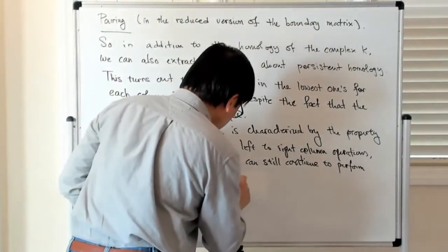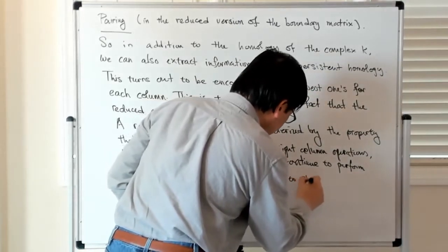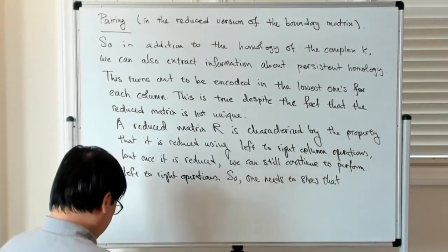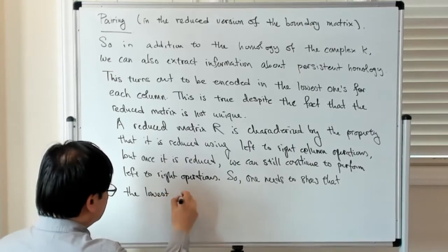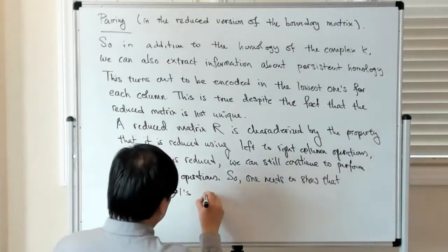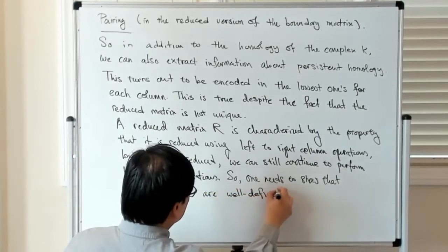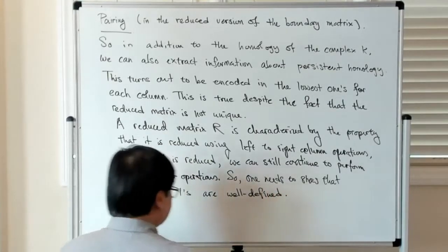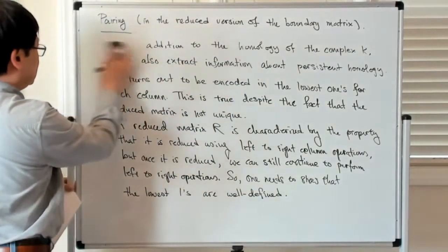So one needs to show that the lowest ones are well defined in some sense. All right, so how do we do this? Let's see how we do this.